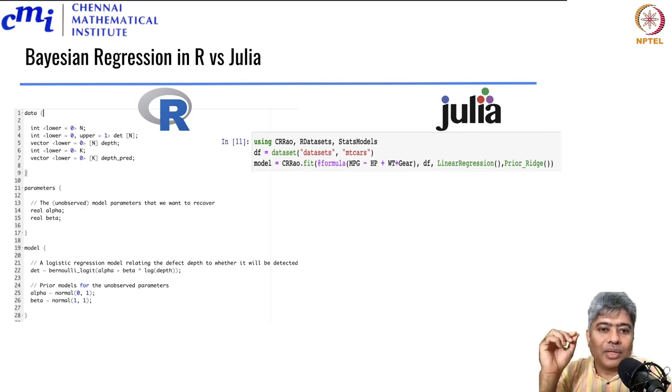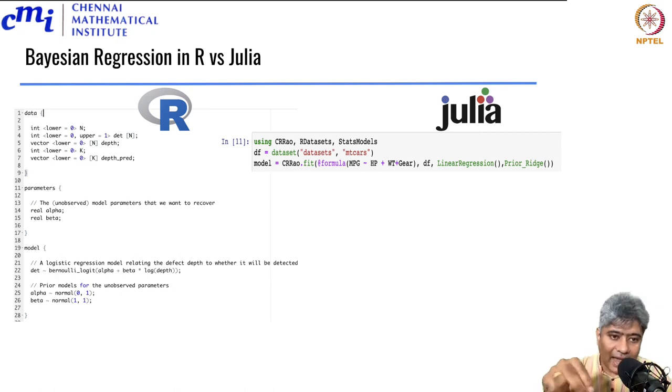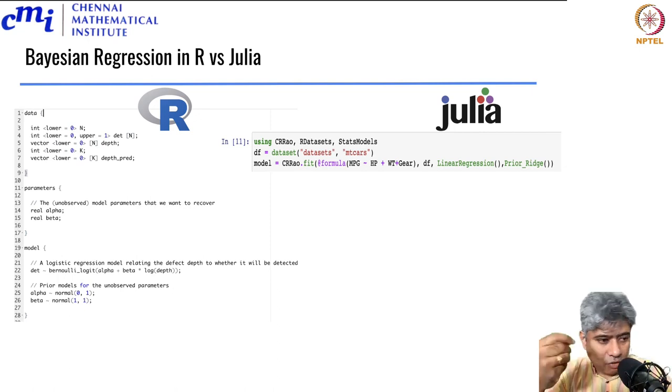But what I found is that implementing anything on top of Stan is very difficult, because Stan makes it a three-language problem. You have to have a correct version of C in your system, then a correct version of Stan, and a correct version of R, and only then will you be able to make anything on top of it.